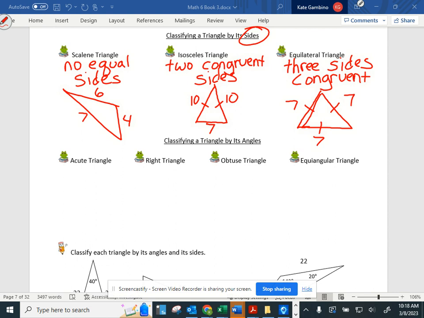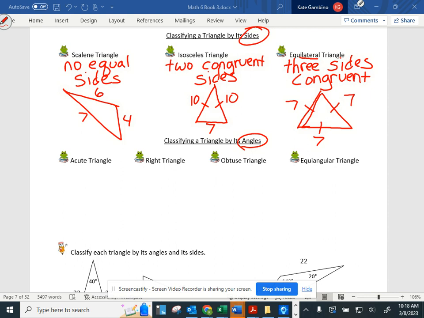So whenever you see lateral, you need to know that it's talking about sides. This is important because we're going to see a very similar triangle name under our angles. If we look over here, we see an equiangular triangle. Angular refers to the angles.